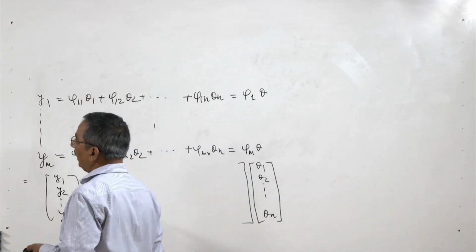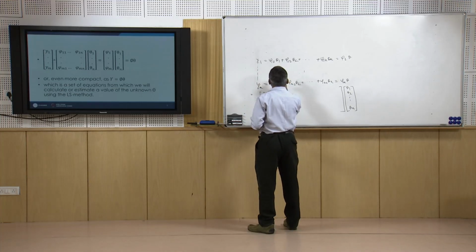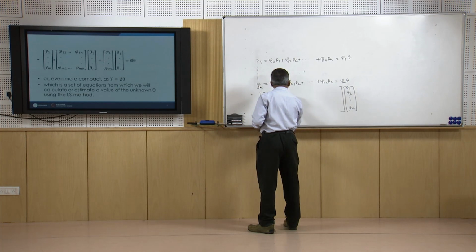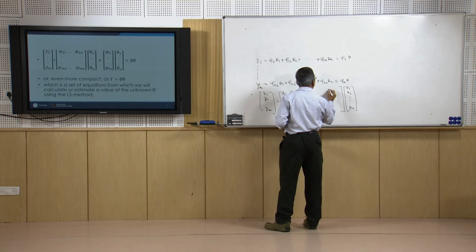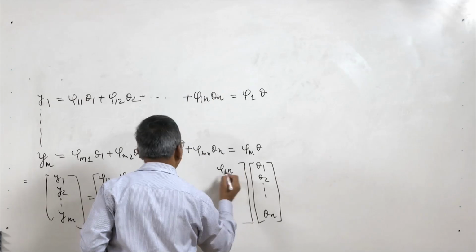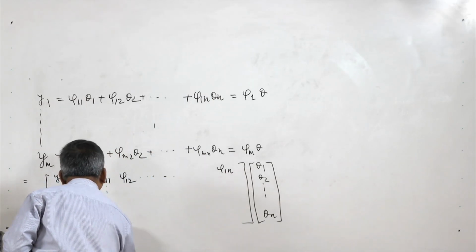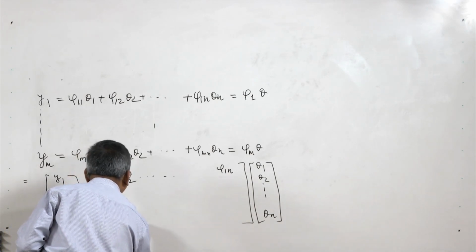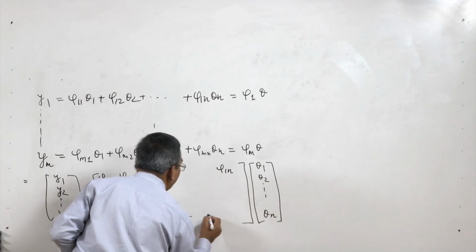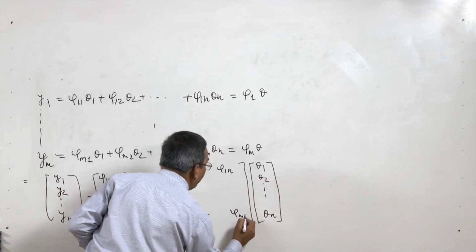Okay. And here what we will have is phi 1 1, phi 1 2 and phi 1 n. Okay. Likewise, we will have phi m1, phi m2, and we will have phi mn.